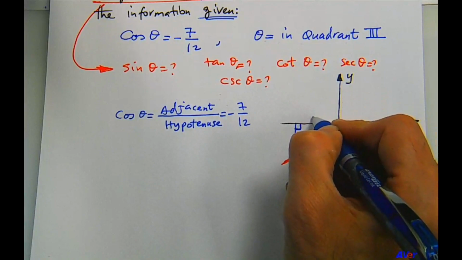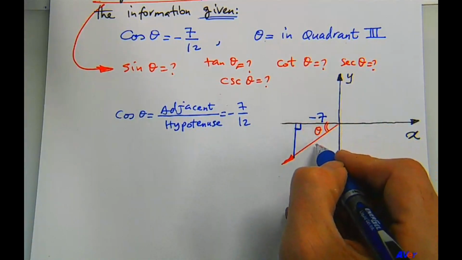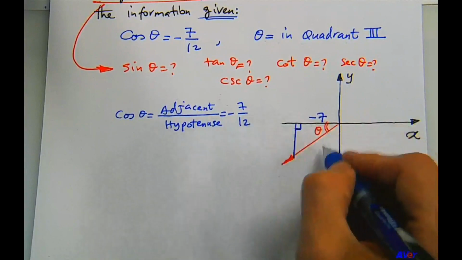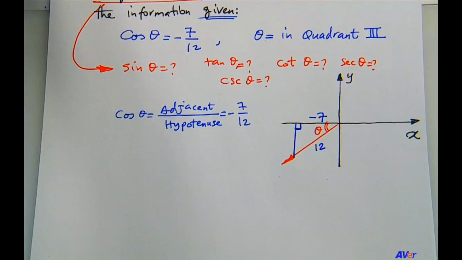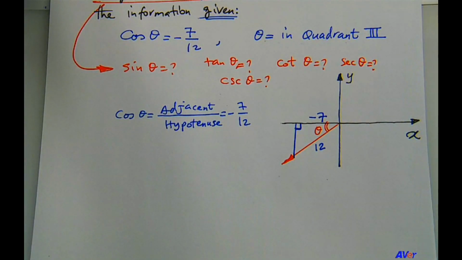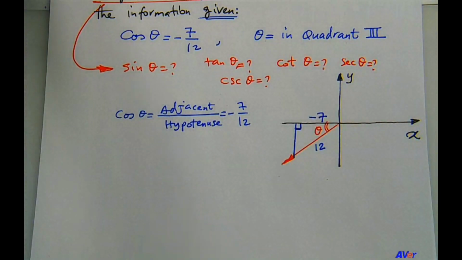So yes, minus 7, we can look at that. And then the hypotenuse is this one, the terminal side, 12. Right? Let's see. I want to, guys, I want to change this.